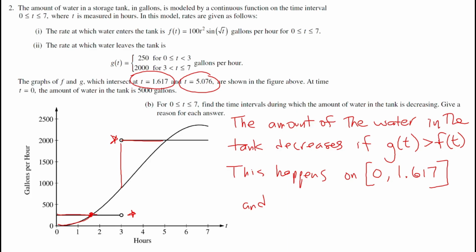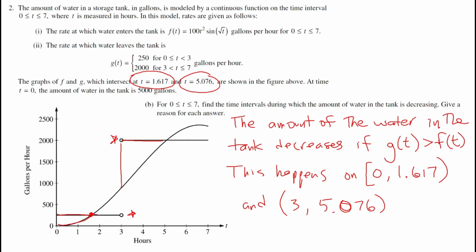And this actually should be a parenthesis here because they're equal to each other at the 1.617. So we'll say, and from 3 to 5.076, right? That's 5.076 is where that stops happening. So, and 3 to 5.076.